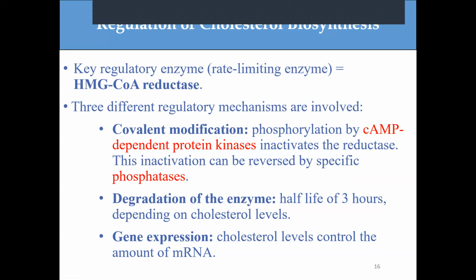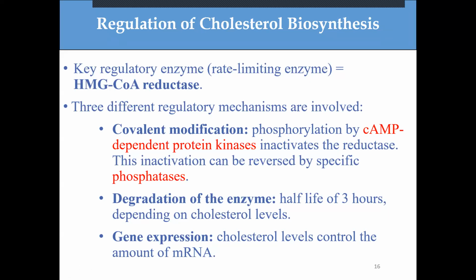All right, now there's 3 ways we can regulate HMG-CoA reductase. The first one is by phosphorylation. The second one is by degrading the enzyme, completely breaking it down. And the third one is gene expression. So gene expression will control how much new HMG-CoA reductase we make. And because we can control how much HMG-CoA reductase we make, we can control how much cholesterol we're making.